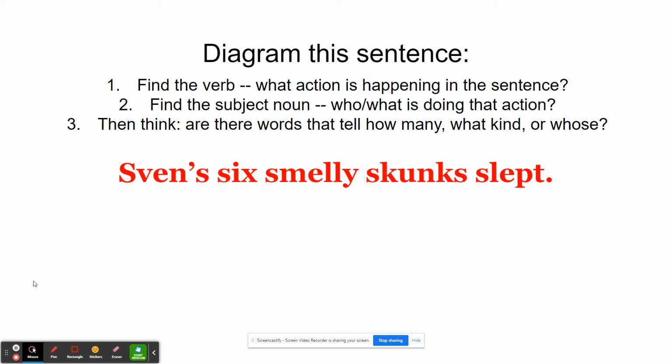Lisa, who or what slept? Skunks slept is our core. Anyone find words that tell how many, what kind, or whose? Marie. 6 tells us how many skunks. Where did you put 6, Marie? Under skunks.